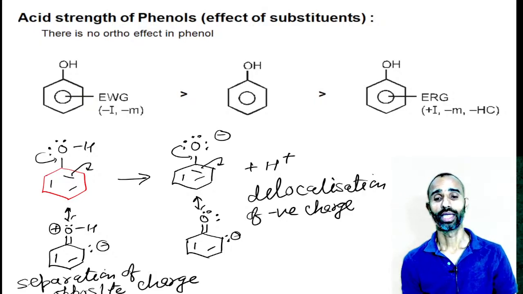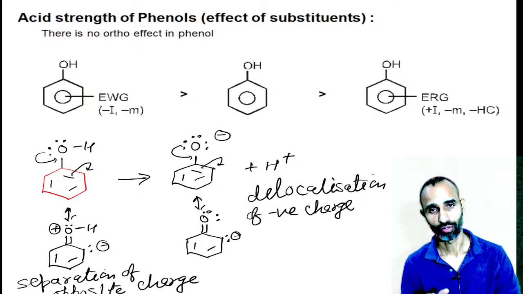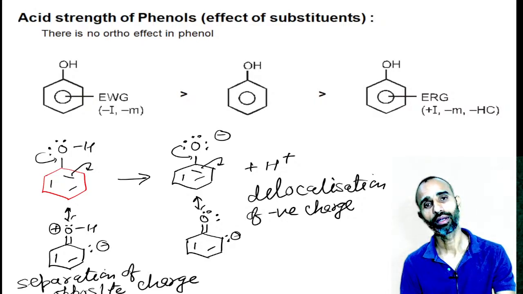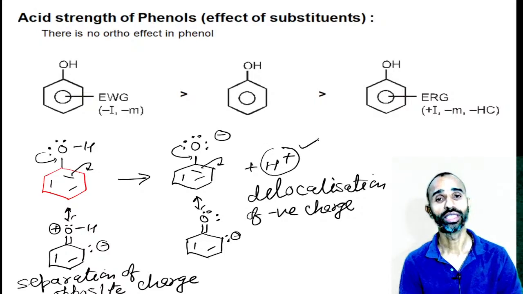Now, if phenoxide ion is stabilized by some group, that will increase the acidic strength of phenol, because a more stable phenoxide ion leads to the forward reaction, and therefore removal of H plus ion is easier.